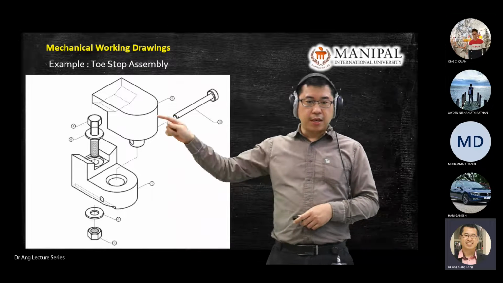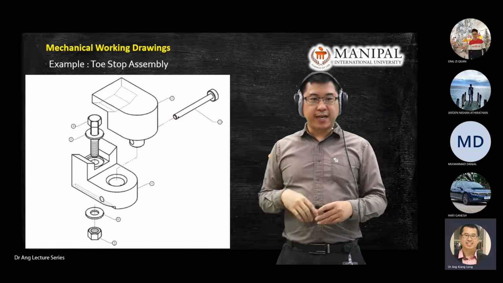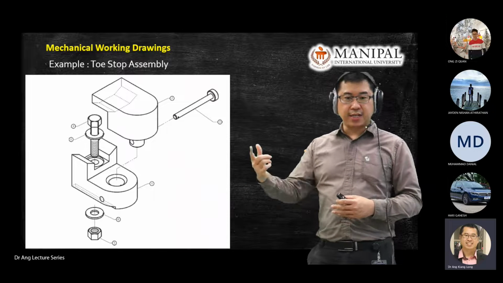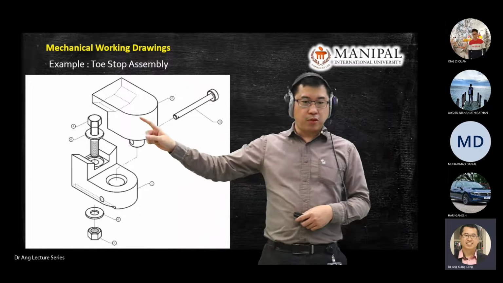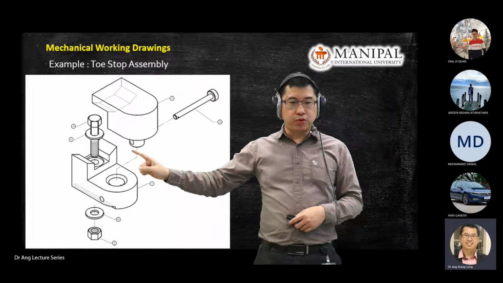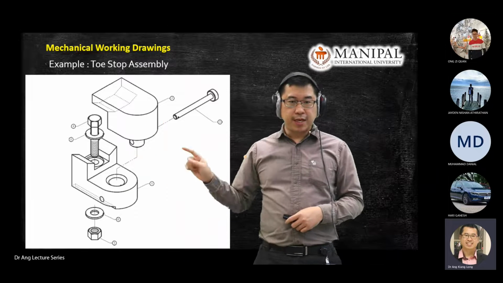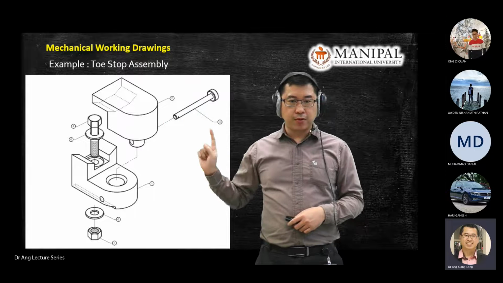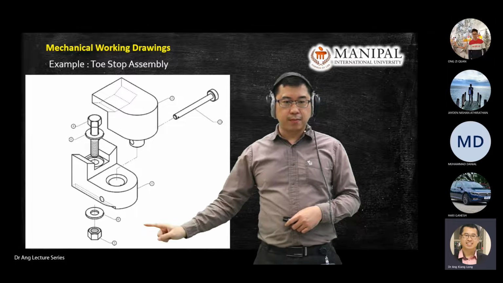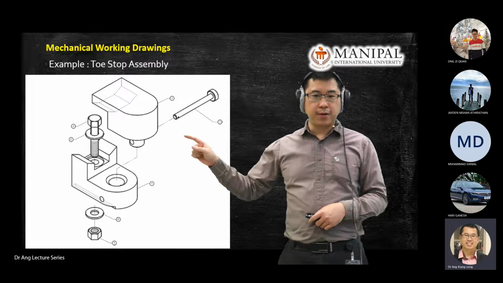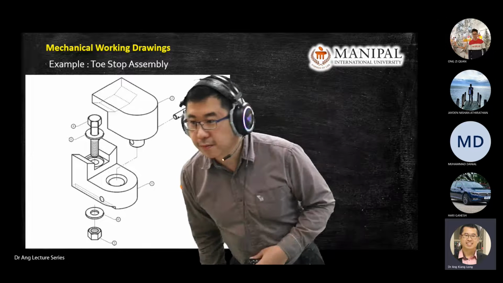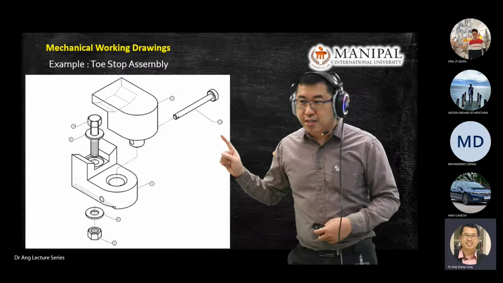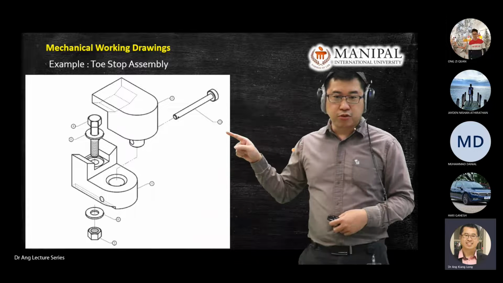So what we expect from you by next lecture is to come up with the 3D model and then do the numbering for the object. For example, this one, sorry, too small, this one is number 3, this one number 3, and so on.